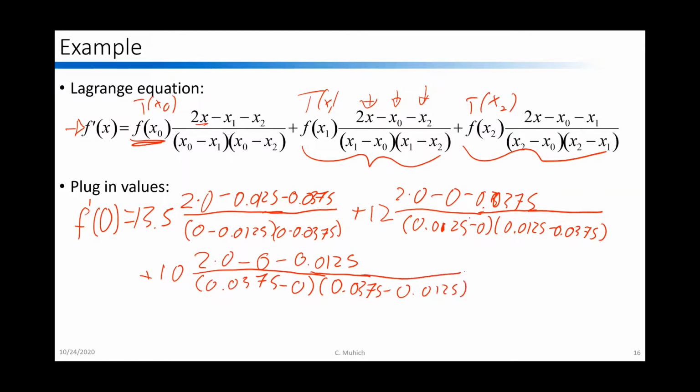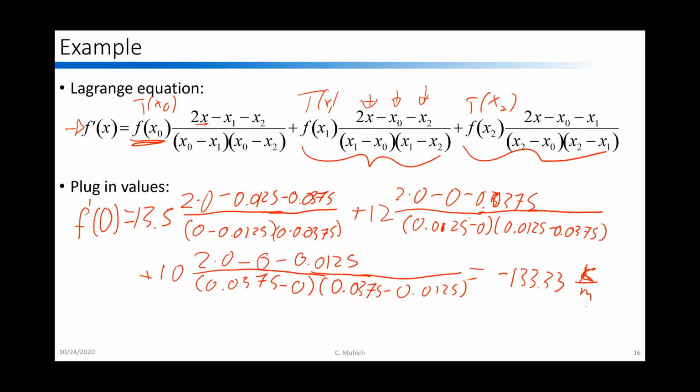We can plug all of this in and we will end up with the answer of negative 133.33, and then we can put in the appropriate units, K per meter.